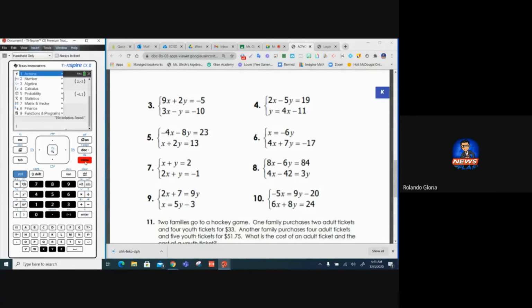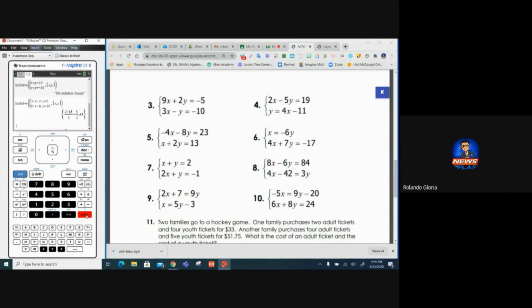Here's another one: menu 3, 2, and then hit enter. Let's say the given equations are 3x minus 2y equals 5, and the second equation is 6x minus 4y equals 10. Okay, let's see what will happen in here.